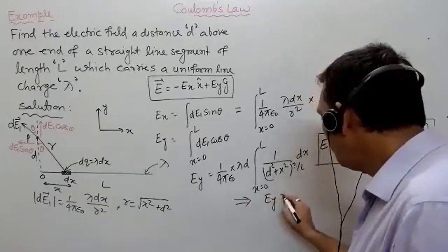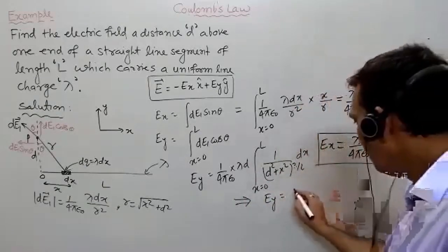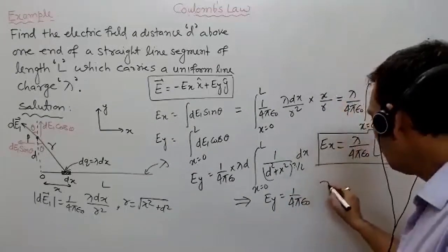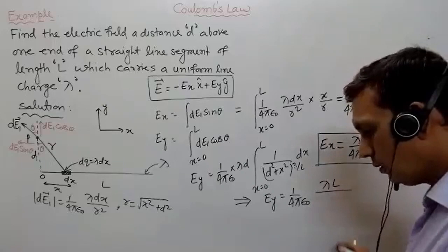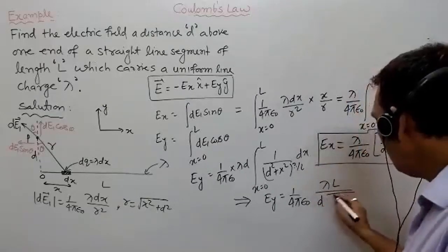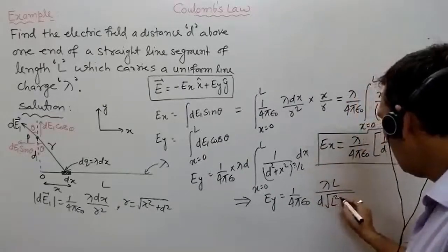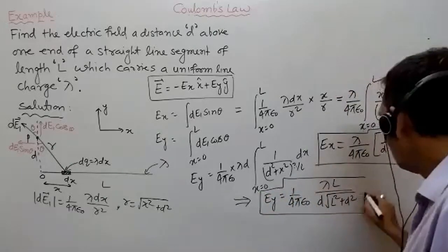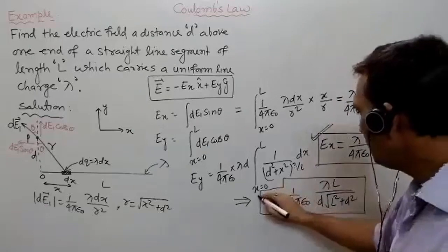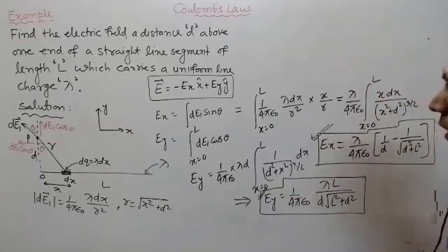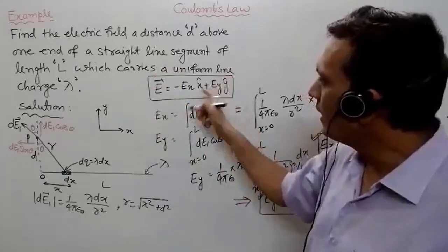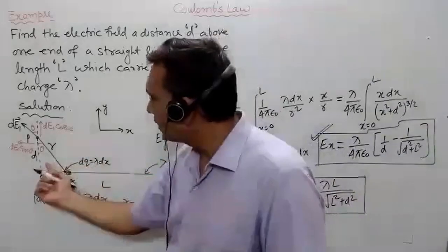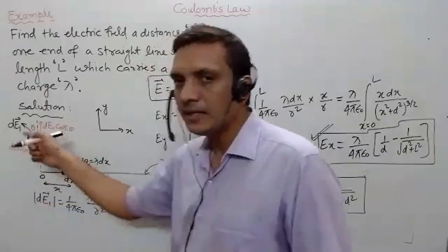So Ey will be 1 by 4 pi epsilon naught lambda into L by d under root L square plus d square. So this is Ex and this is Ey. And finally you can express E as minus Ex x cap plus Ey y cap. You can see the resultant direction will be y and minus x cap.